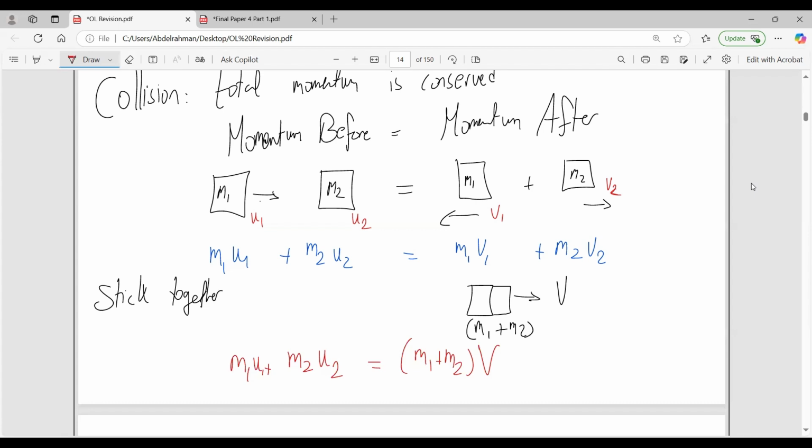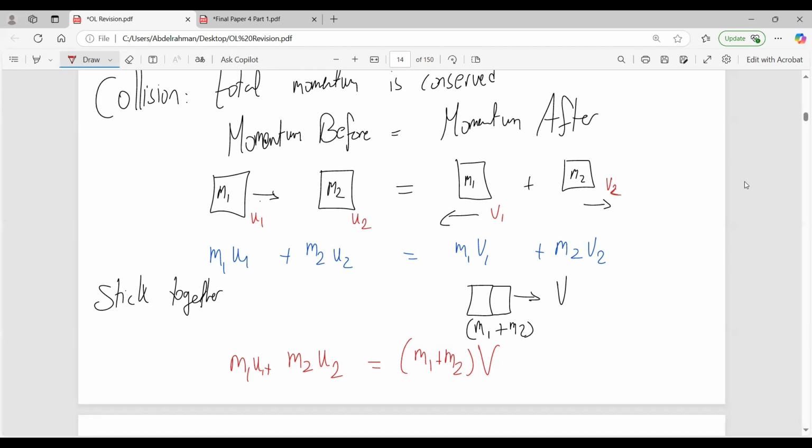We don't have v1 and v2 here, because they both have the same velocity; it is the same v. That's why we can add m1 and m2: we can consider them to be the same object, a new, bigger object. This is one of the very few rare cases in momentum. The total momentum is still conserved.